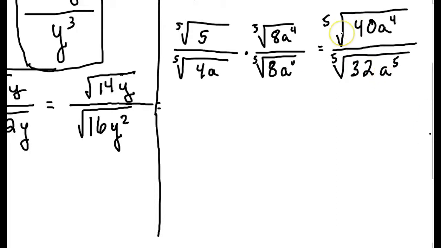Okay, so now we have this new fraction, 5th root of 40a to the 4th over 5th root of 32a to the 5th. Now we can't leave that radical in the denominator. So what happens when we take the 5th root of each piece?